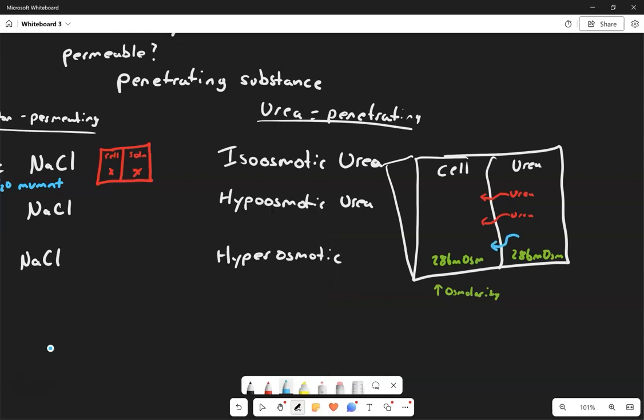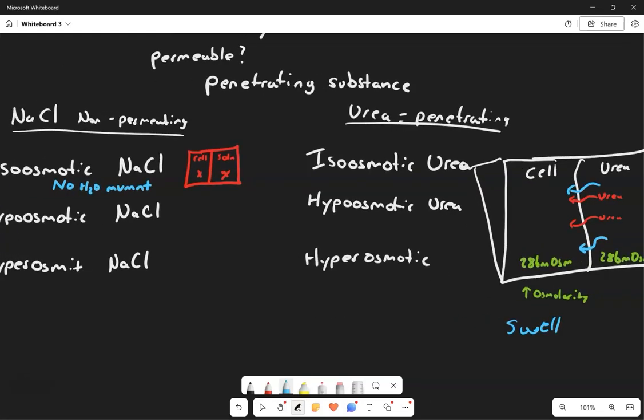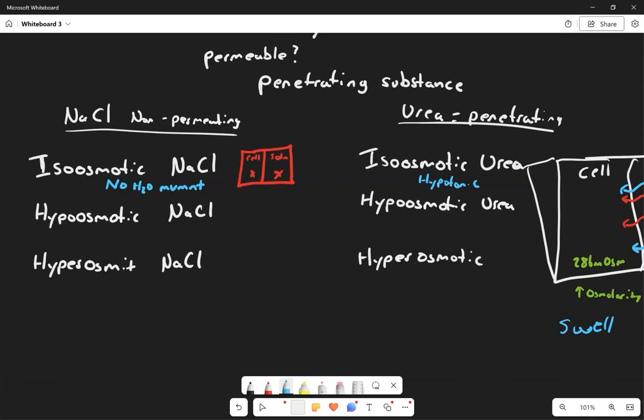Water is going to follow the stuff, much like the example that we used earlier. Right? So if water moves into the cell, right, the cell is going to swell. Right? And so because of that, this is a hypotonic solution. So isoosmotic urea is a hypotonic solution, but isoosmotic sodium chloride is an isotonic solution.